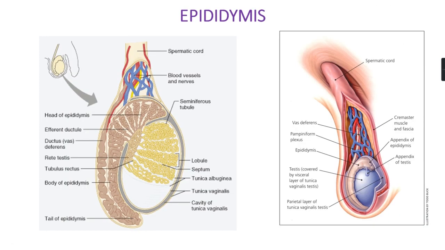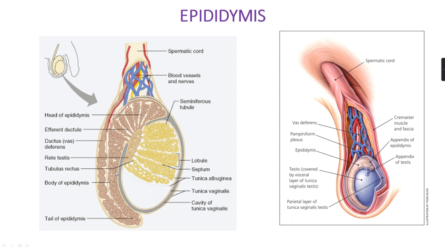Now something about the epididymis. The epididymis is an organ made of a highly coiled tube that acts as a reservoir of the spermatozoa. See, as I told you, its parts are head, body and tail. And as I explained, the head is formed by 12 to 13 efferent ductules that derive from the testes, right? They coil together and form the head.